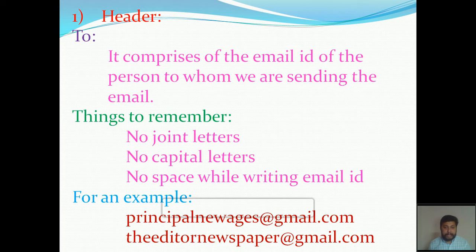See, no capital letters used here, no uppercase letters used here, and there is not even a single space between any of the letters. So the email ID should not have any capital letters, there should not be any space, and you should not use cursive writing while you write an email ID.